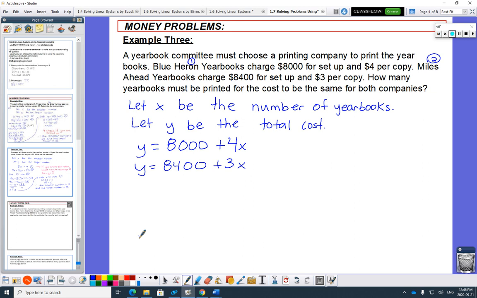So like I said, you could do questions like this where it says which one's better. This one happens to say how many yearbooks are going to make them the same. So it's up to you.